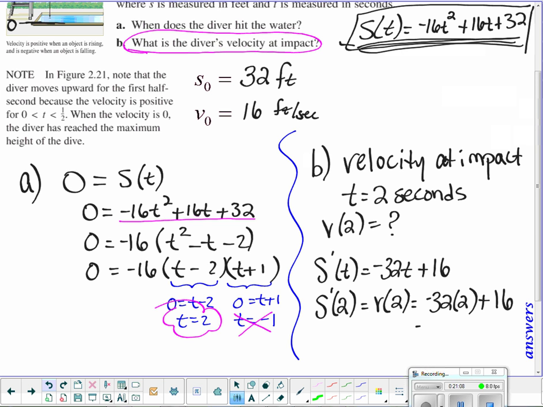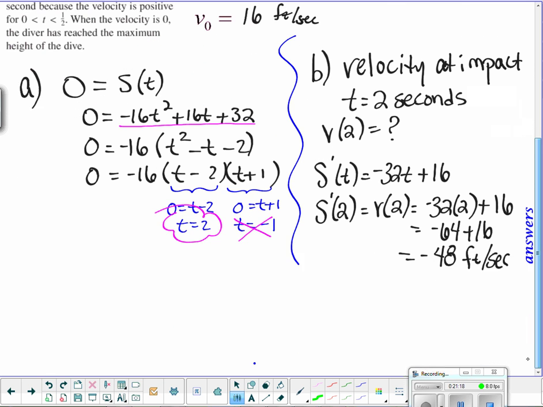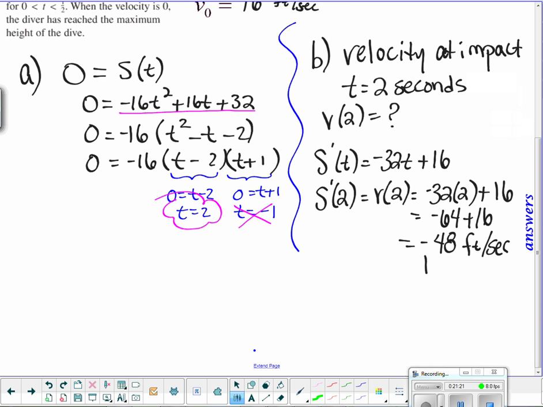That makes negative 64 plus 16, which gives us negative 48 feet per second. And that makes sense because it's negative. He was diving downward. Negative velocity is a downward motion.